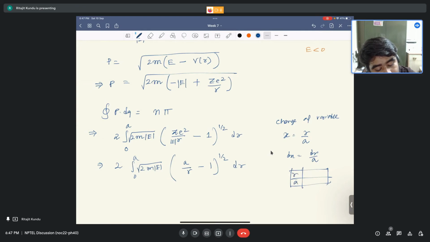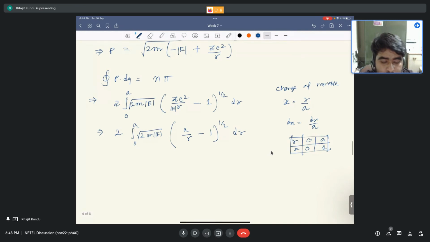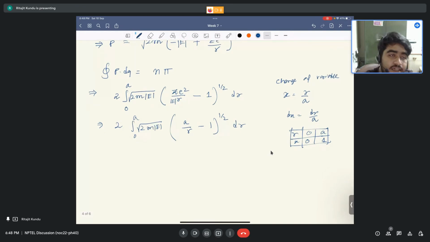It was 0 and a, and now it becomes 0 and 1. This kind of scaling always helps to bring the integration into a standard form for which we know the results. So I'll just use that here.